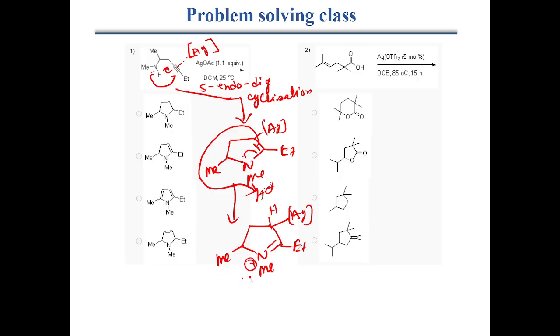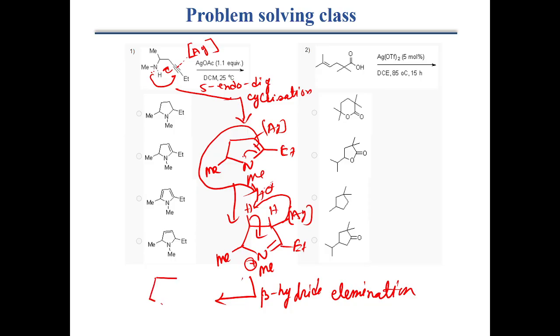So after that what happened? There is one proton, so beta hydride elimination happens, giving this one, right?